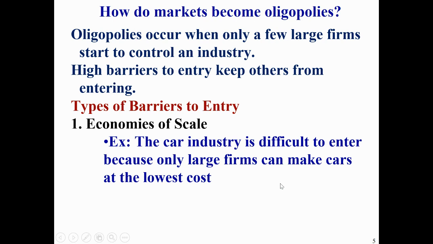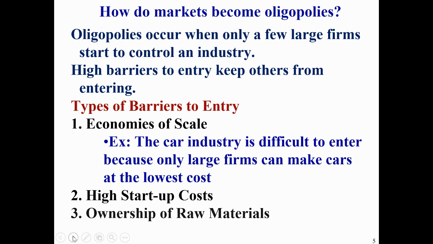When we think of the economies of scale, a car industry is difficult to enter, because if I were to enter it, it'd be very difficult for me because the costs are so high for me to compete at some of the lower costs that these other firms have developed. The high startup cost to create a factory. Do I have enough money to start that?